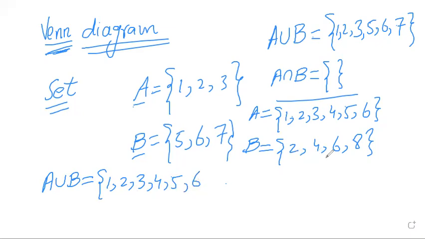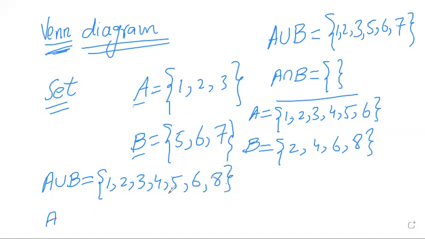Then elements of B. We start with the 2. 2 we already wrote, so no need to write. 4 we already wrote. 6 we already wrote. So no need to repeat the element. In union, you will write from both, but no need to repeat them. And then 8. 8 we did not write, so I will include that also. This is A union B.